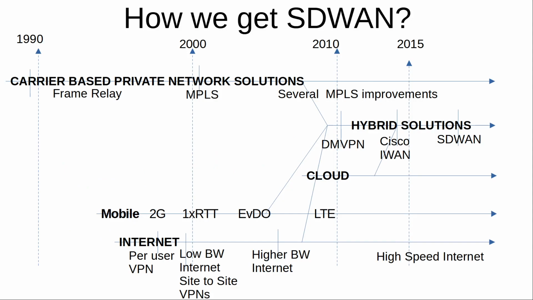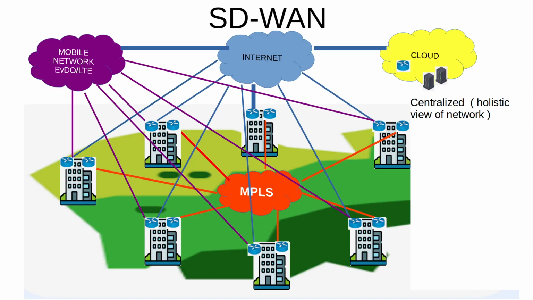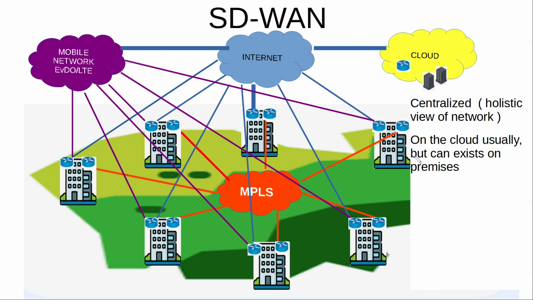So this is why SD-WAN was created, to address all these issues that we have talked about. For starters, it will provide you with a centralized way to install your intelligence of devices. They would have enough intelligence to have a holistic view of the network. They will have to be installed centrally, probably in the cloud or in your premises.